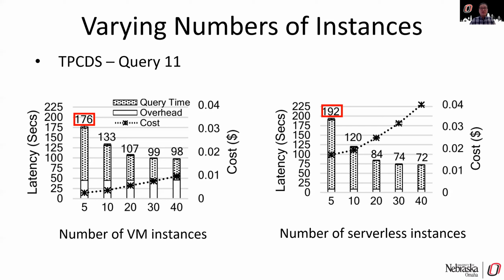For example, if the number of instances is 5, serverless provides worse performance than virtual machines. This is because serverless provides poor performance compared to virtual machines. However, the overall cost is inflated because serverless is expensive. However, if we utilize enough resources, then serverless provides better performance, but applications have to pay a large amount of money compared to the virtual machine case.